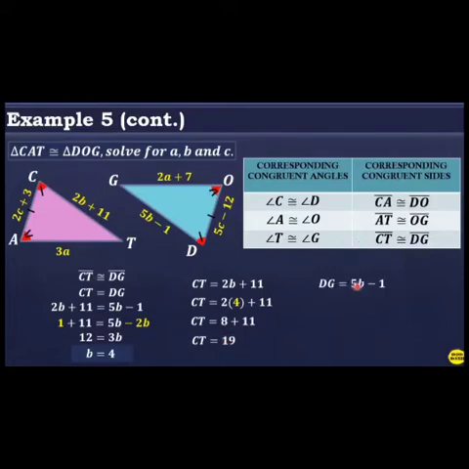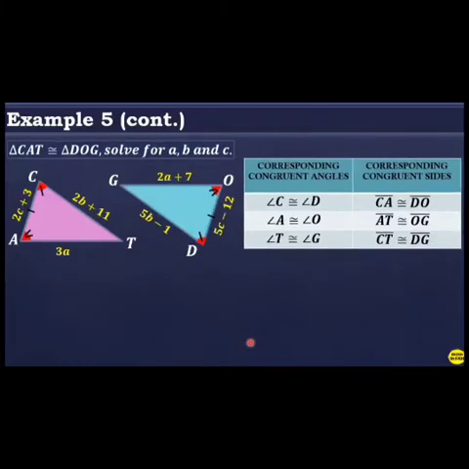Next, check it in DG, because these two sides of congruent triangles are congruent, so they must have the same measure. DG is equal to 5B minus 1. Substitute 4. 5 times 4 is 20, minus 1. DG is also 19. So, they are congruent.